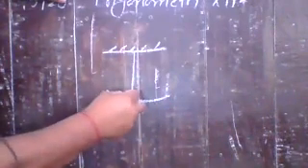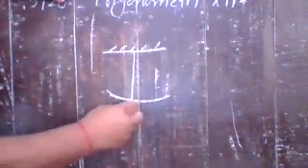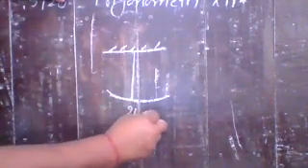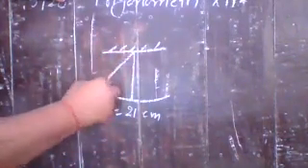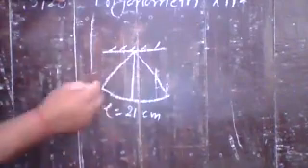Suppose the pendulum describes an arc in this way. Okay. And the arc length is given as 21 centimeter. That is L. L is given 21, and it describes like that in this way.